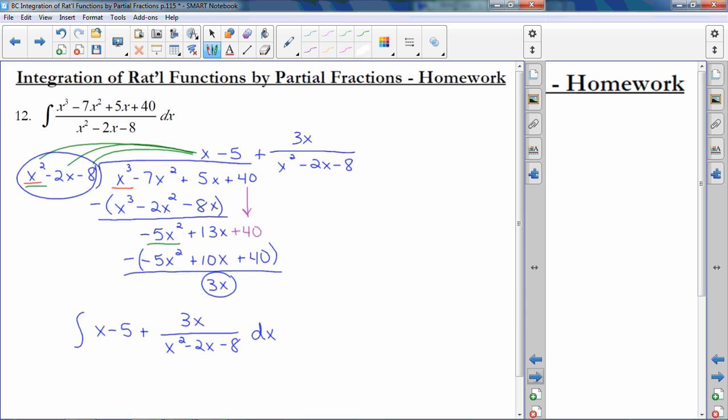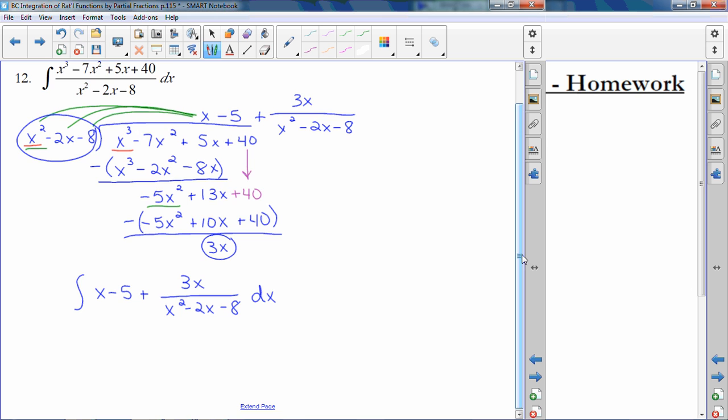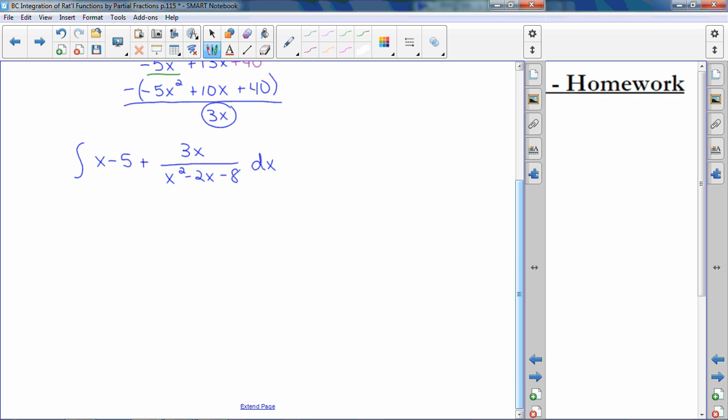And now my fraction, this rational function here, 3x over x squared minus 2x minus 8, has a degree on top that is lower than the degree on the bottom because it's x over x squared. All right, now we want to go ahead and integrate. Actually before I integrate the x and the -5, I want to deal with my rational function.